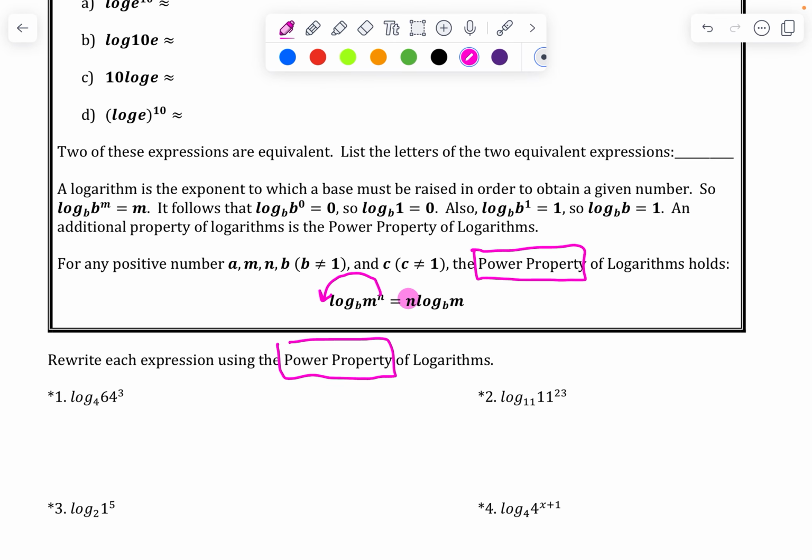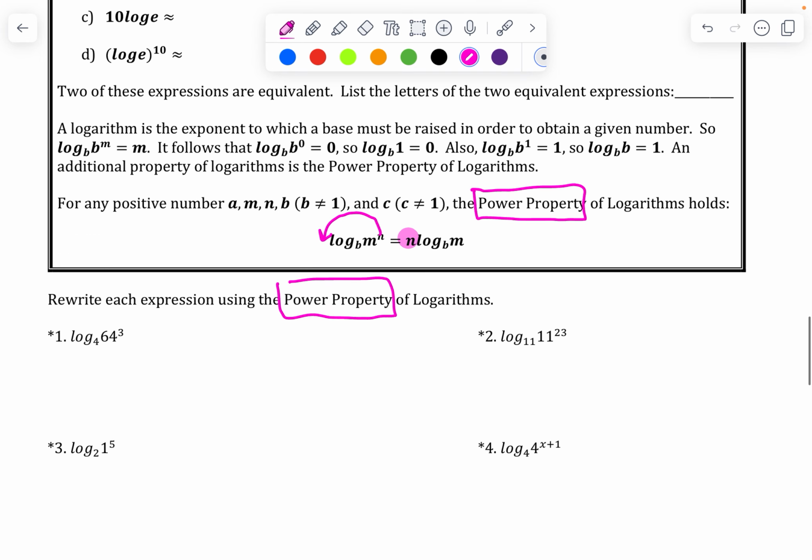Now that I have the same base, I can cancel those bases. And if that was all I'd have, x is 3. So now all I do is take this original 3, multiply it by the 3 I just got here, because when it's in front, it's multiplication, and 3 times 3 is 9.